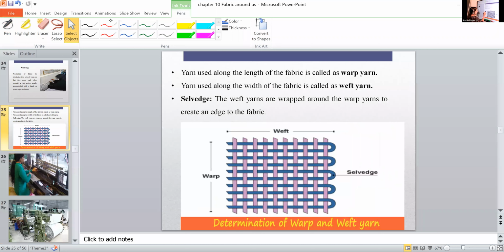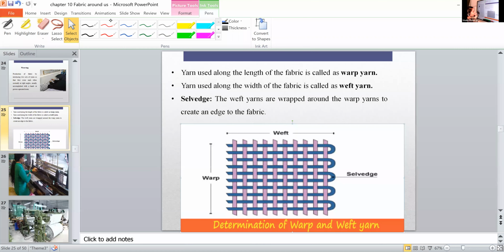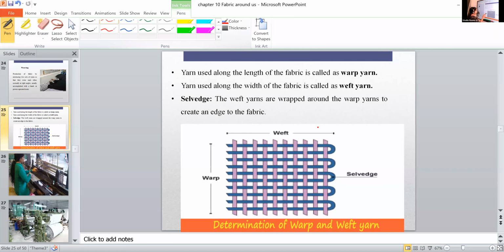Sana, the yarns mean the fibers that we twisted together, that is called yarns. These yarns are arranged lengthwise and widthwise. The lengthwise yarns are called warp yarns, the yarns used along the length side of the fabric.